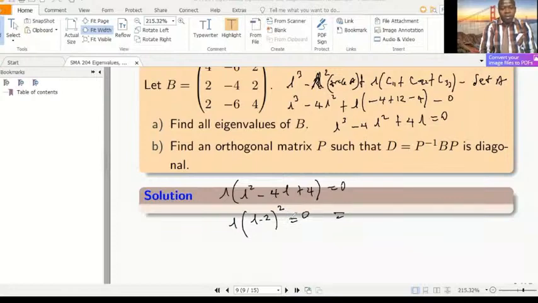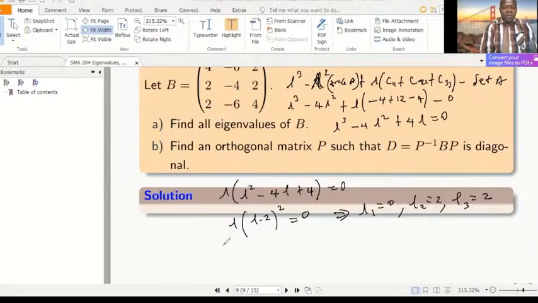So this then means that lambda 1 is 0, and then lambda 2 is 2, and lambda 3 is also 2. So these are the eigenvalues, 3 eigenvalues.